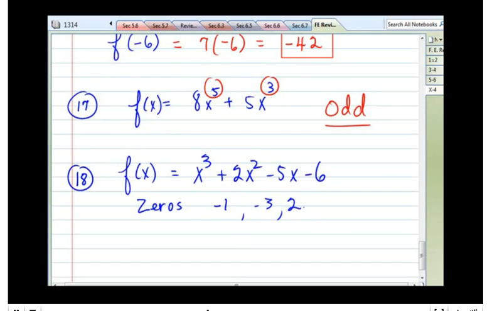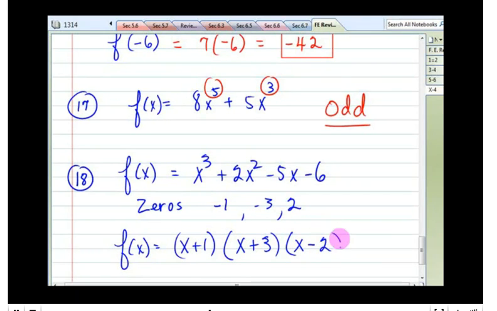So all it's asking you to do is take those answers and write it in a factored form. F of x would equal x minus a -1. So what's that going to be? +1. You just change the sign. Times x plus 3 times x minus 2. And that's all you're doing. Easy, easy.